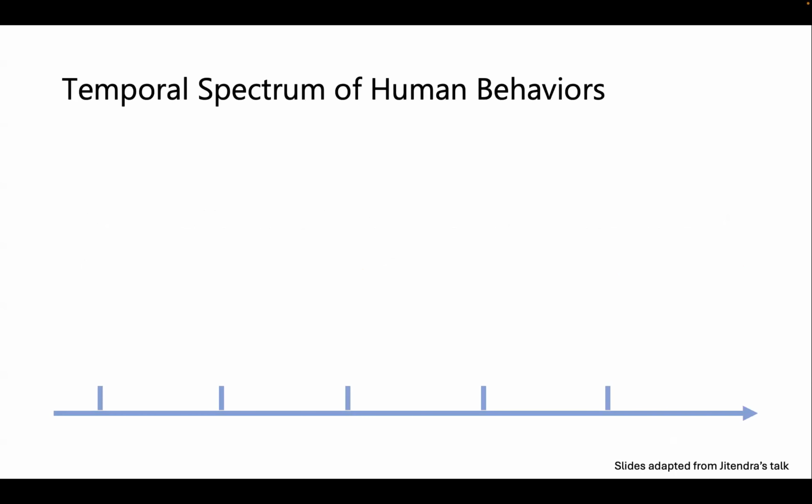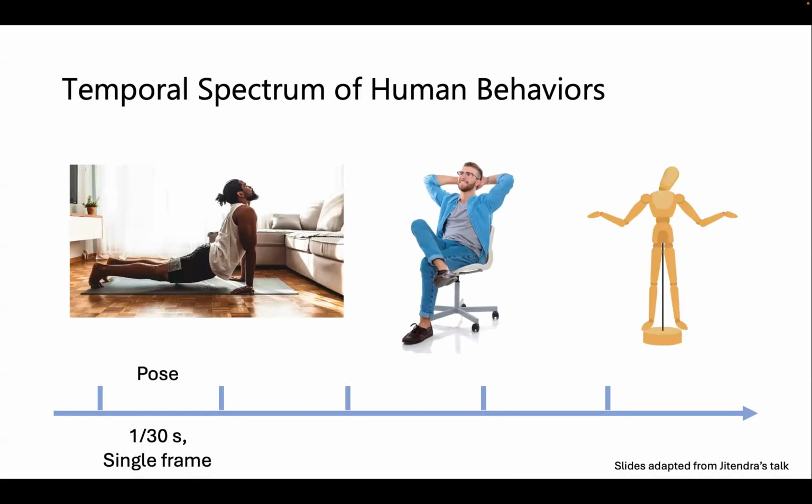When we model motion, it's interesting to think about the temporal spectrum of human behavior. We all know poses: a static pose is a single frame, if you have 30 frames per second, but it tells you certain types of behaviors.